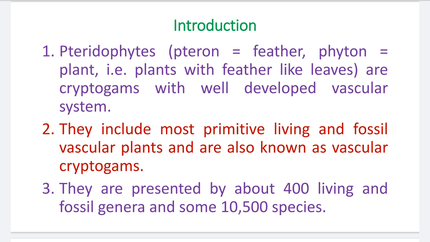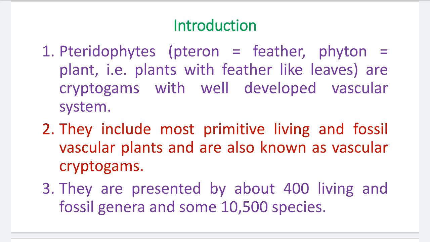Pteridophytes are cryptogams with a well developed vascular system. Vascular tissue system means what? Conducting tissue system having xylem and phloem, and this tissue system is well developed or clearly distinguished compared to algae, fungi, lichen as well as the bryophytes.